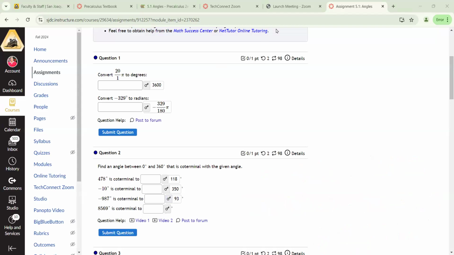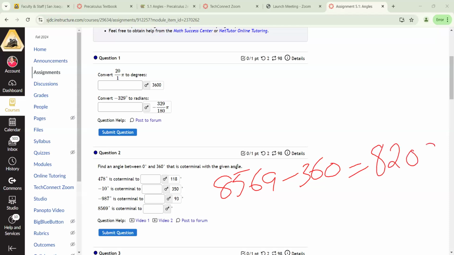So here is 8,569. So a big angle, 8,569. So first thing, I'm going to subtract 360 from there. When I subtract that, I am going to have 8,209.